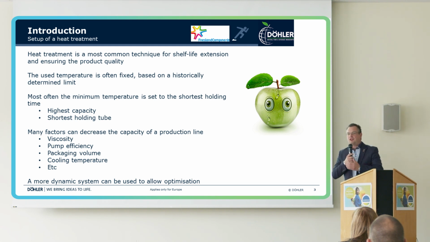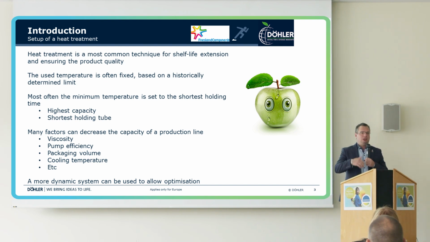For years on end, a specific time and specific temperature of the installation is chosen, usually based on the highest capacity of the production line, which means the shortest holding tube, which means the shortest time that the product is at a specific temperature to achieve the microbiological reduction. However, there are several factors that can influence a production line's speed or capacity.